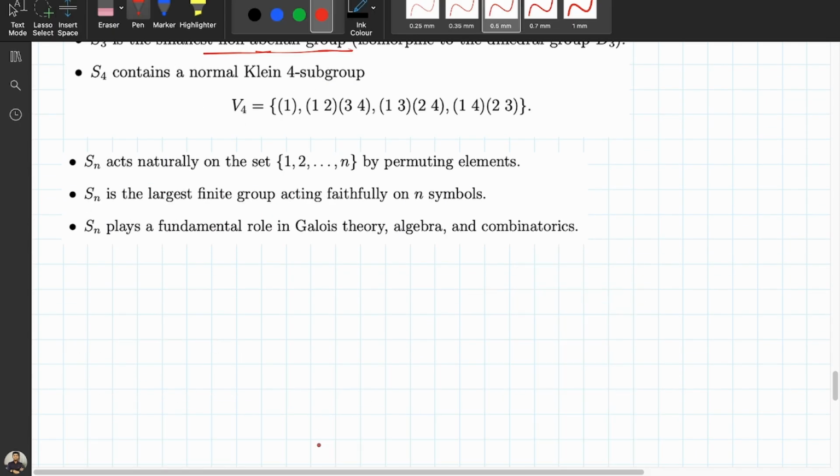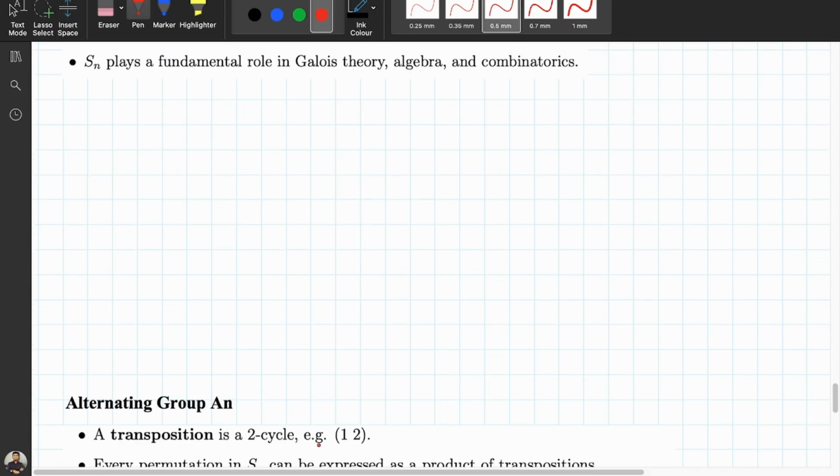Now I will show you how to find the order of an element, and how many elements of order 2, how many elements of order 3, how many possible orders of elements are present in the Sn group. That is very important.